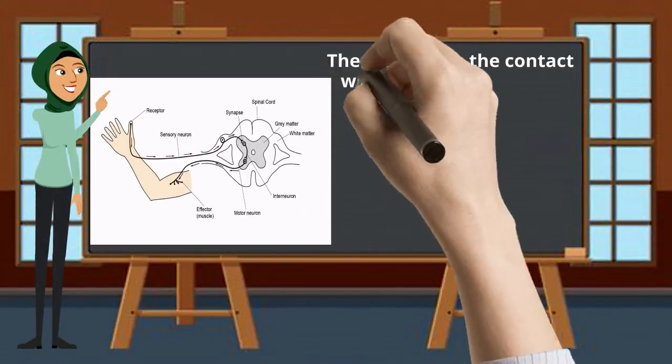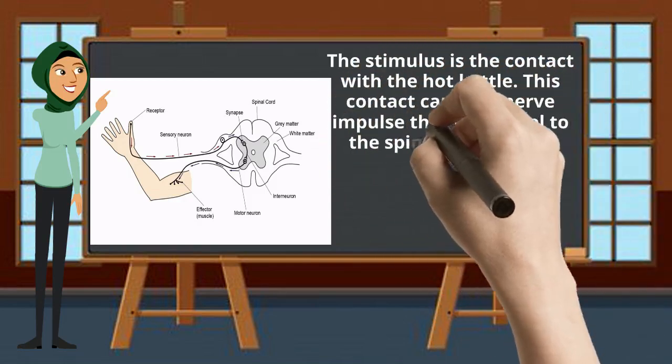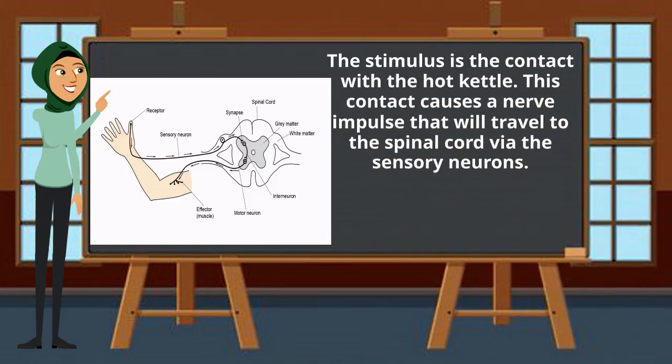The stimulus is the contact with the hot kettle. This contact causes a nerve impulse that will travel to the spinal cord via the sensory neurons.